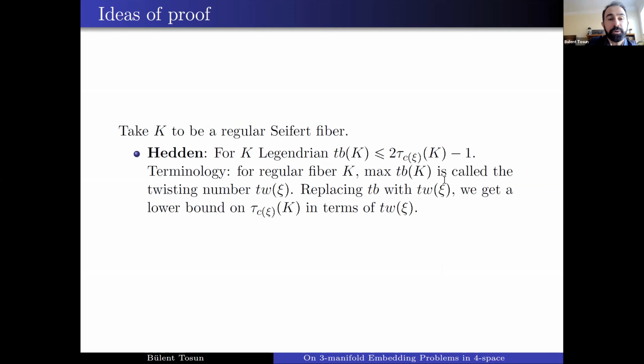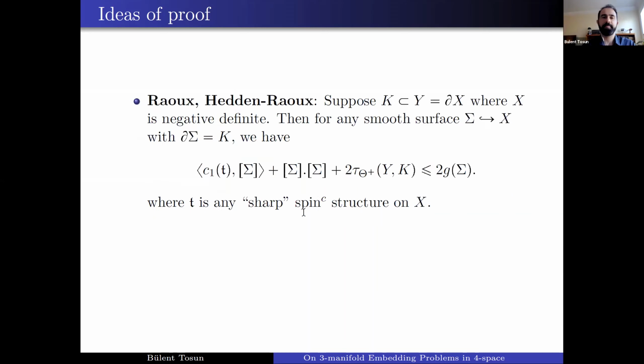So this was how you find a lower bound on contact tau from this result of Hedden. Okay, and recent results of Catherine Raoux, and then results of Catherine with Matt Hedden, also give a way to get an estimate for the smooth tau. And it is this theorem.